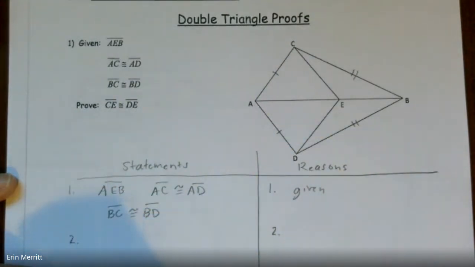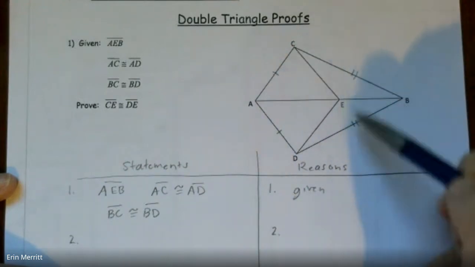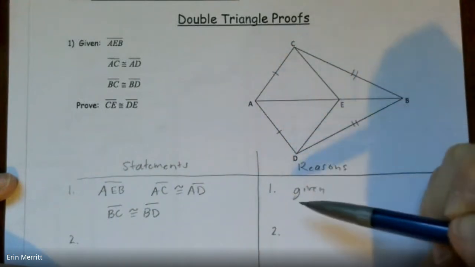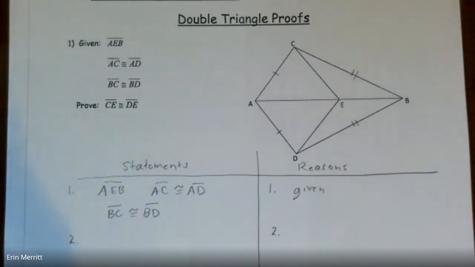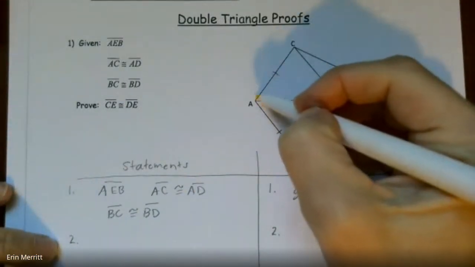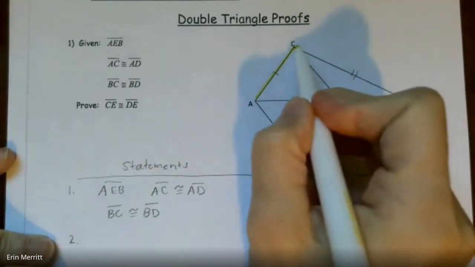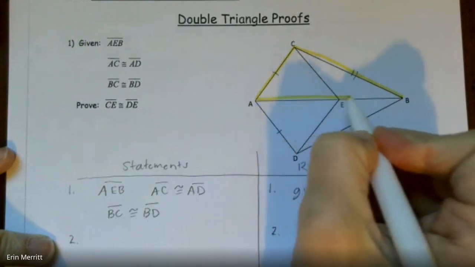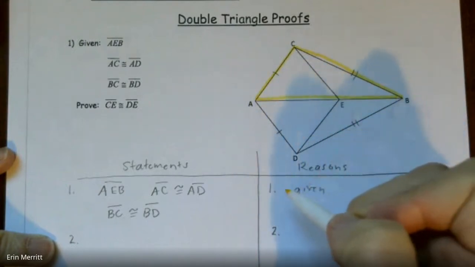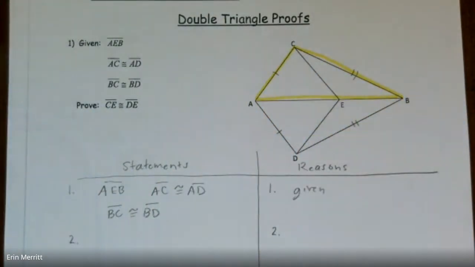When you look at this, they are handing us two pairs of sides, but you have to think of what triangles. So if I actually look, I'm going to take my yellow marker here. I have AC and CB here. If I close that up with AB, I could get a triangle right there. And then I could do the same thing.